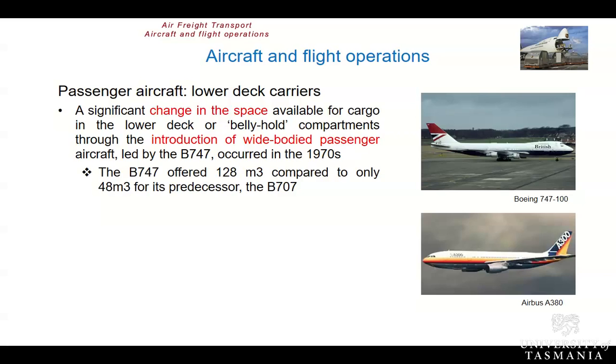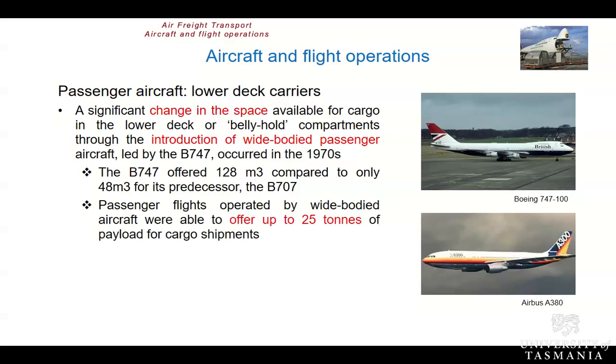What the Boeing 747 was able to deliver was almost 3 times more volume capacity than the previous Boeing 707. So all of a sudden, carriers had up to 25 tonnes of cargo payload space for cargo shipments.